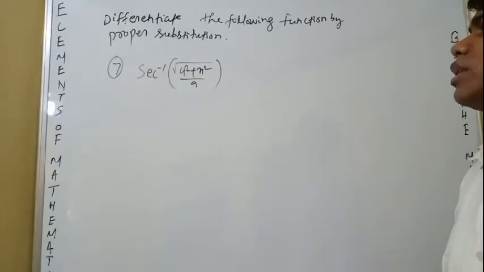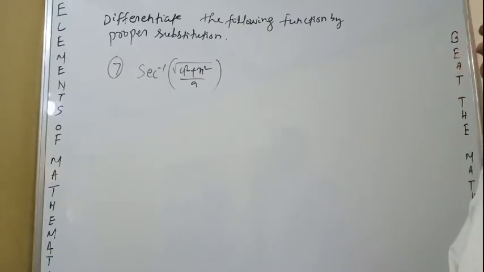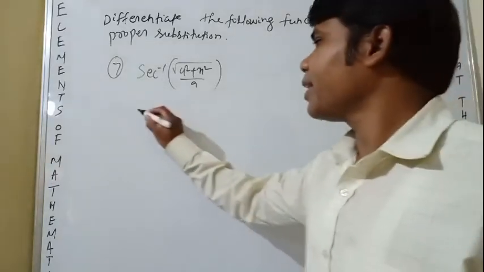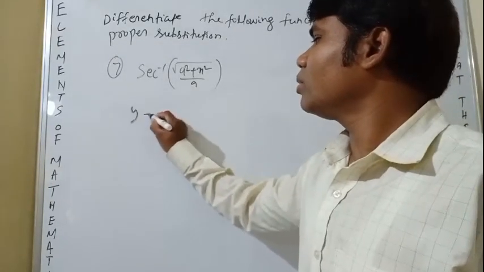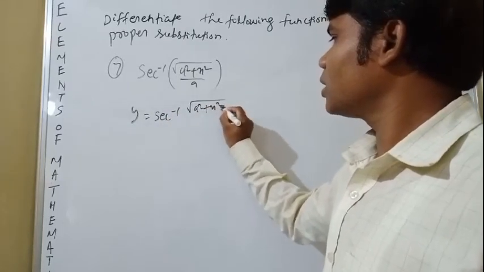See the next question. The question is: differentiate the following function by proper substitution, sec inverse of root over a square plus x square by a. You take y is equal to sec inverse of root over a square plus x square by a.